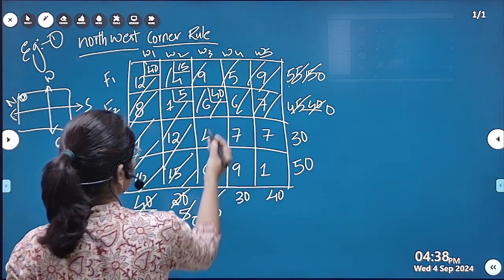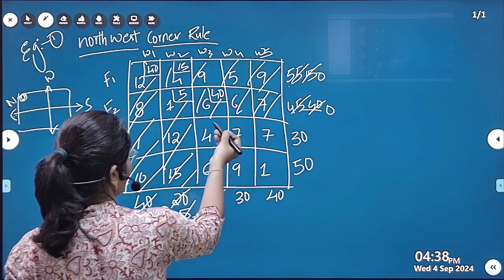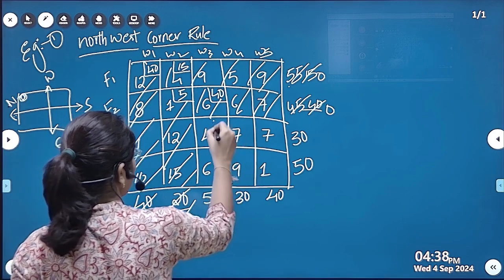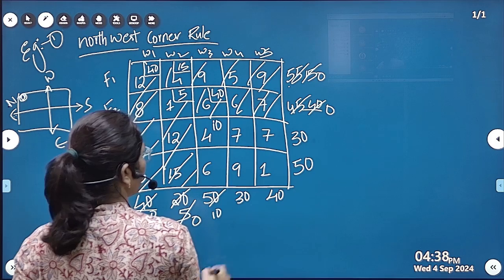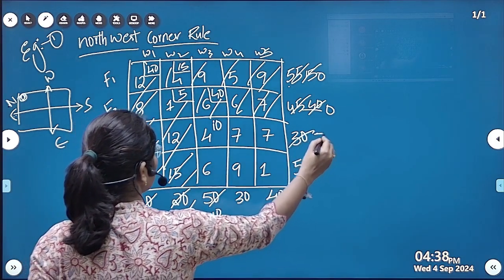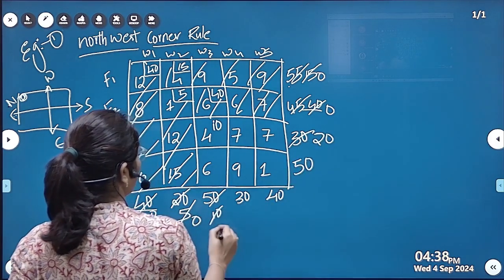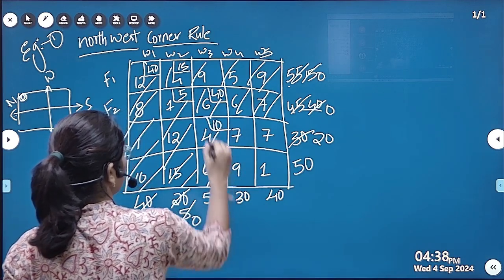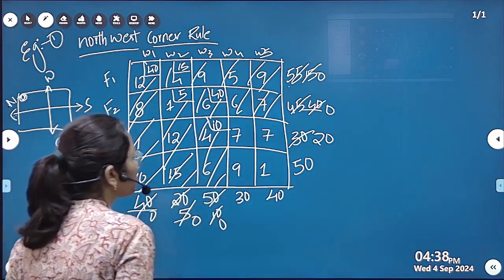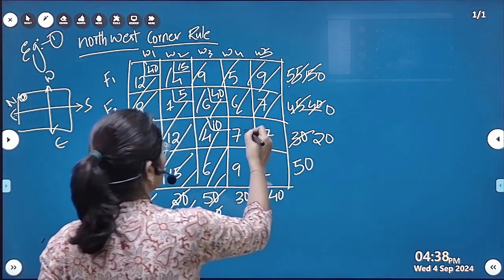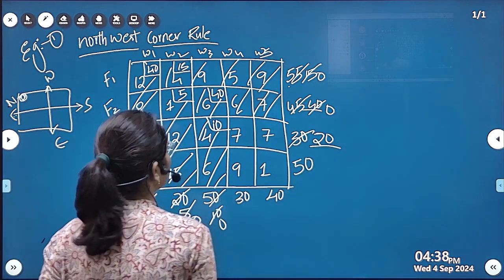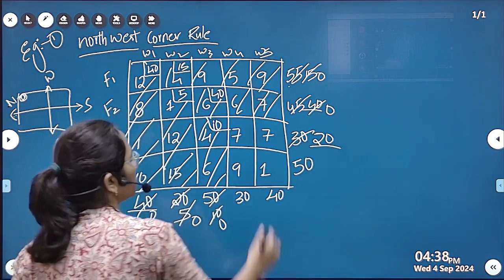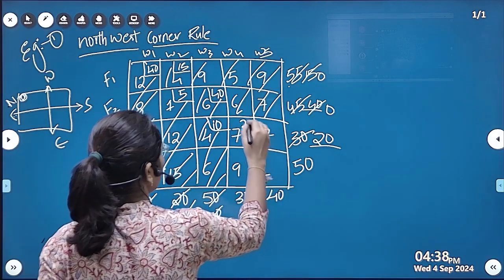So the next northwest corner will be this 4 one. So here there are 10 units, right? So here there will be 20 after deducting this 10 units. So it will become 0. So scratch down this. Next one here, there are 20 units still more in the F3. So we need to write this 20 units.